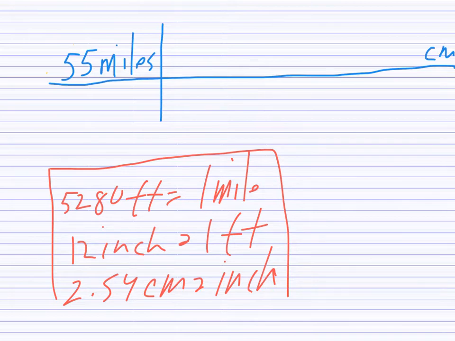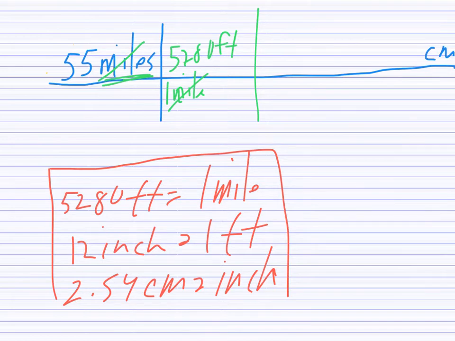So my first task is to get rid of the units of miles. I'm going to put 1 mile on the bottom and 5,280 feet on the top. That way, units of miles should cancel, and although I don't have my answer in terms of centimeters, I have changed it from miles to something else.